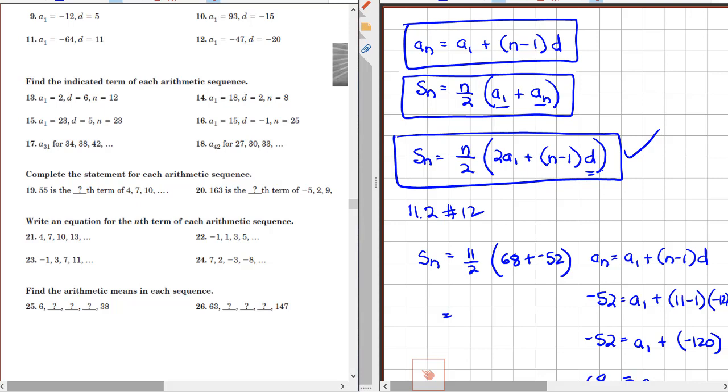It uses D. All three of these formulas only work, not all the time, if the list is arithmetic. Meaning what? Common difference. If it's not a common difference, these formulas are worthless. These are not magic formulas all the time, only for special sequences.